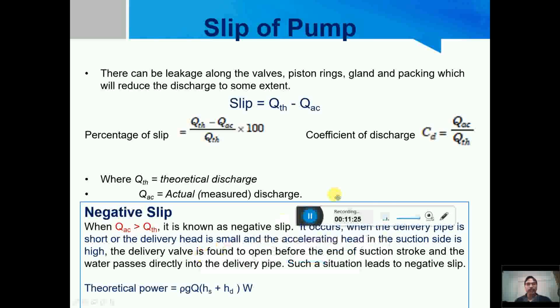Negative slip occurs when the suction pipe has a large length, whereas the delivery pipe is of short length. Because when the suction pipe is of large length, the fluid moving there must have some acceleration also. So because of the inertia, the valve remains open.